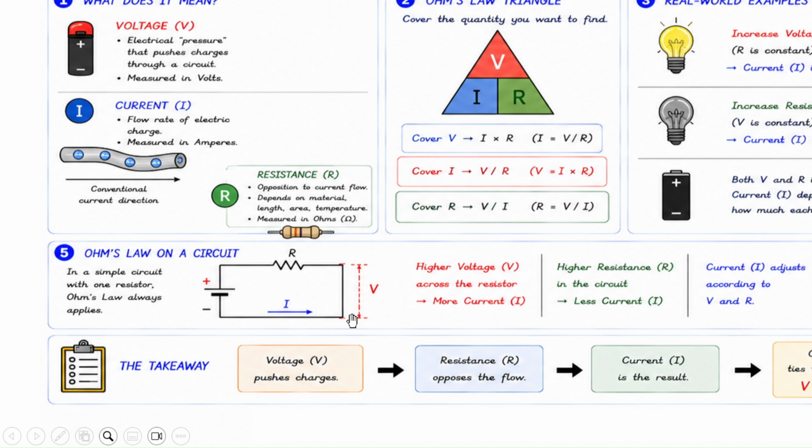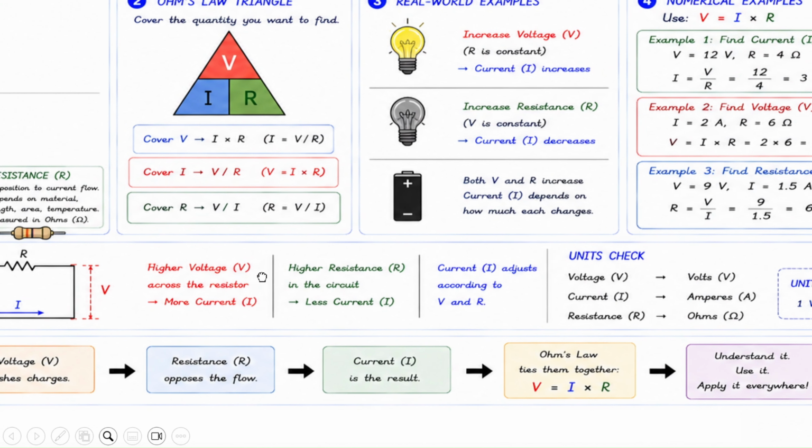When you increase the voltage, you'll have a higher current, assuming the resistance is constant. And like we mentioned earlier, if we keep the voltage constant and increase the resistance, we'll have a lower current.